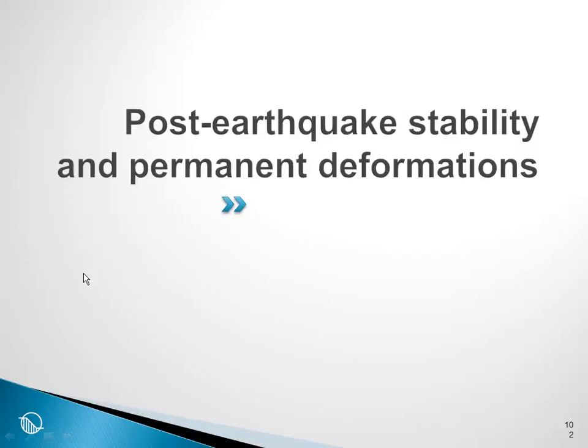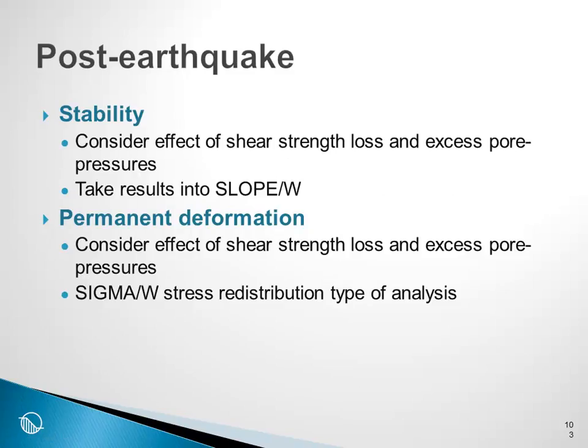Moving on then to taking the QUAKE/W results into SLOPE/W and SIGMA/W to look at post-earthquake stability and to look at permanent deformation. So we want to take these results into SLOPE/W, and we want to consider the effect of the strength loss and the excess pore pressures on the stability.